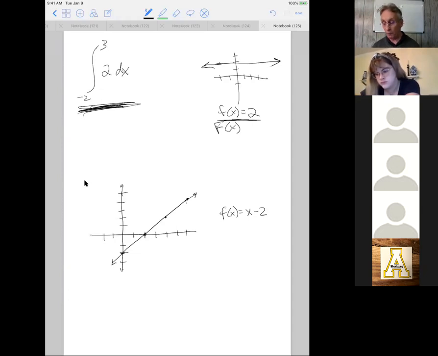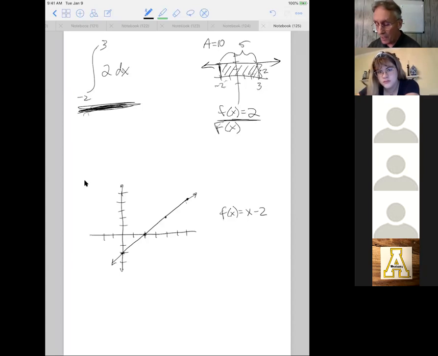What's the area under that curve? Between -2 and 3, that's 5 across, and the height is 2, so the area is 10. When we integrate this function, our answer should be 10. That's what we're calculating, the area under the curve down to the x-axis.